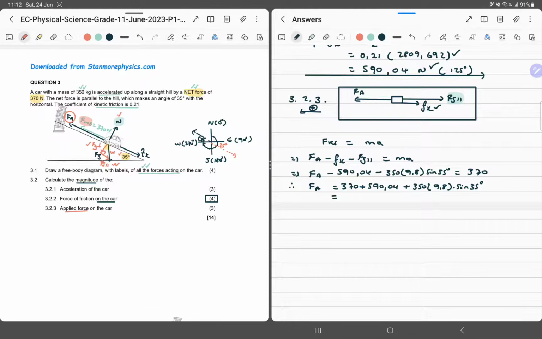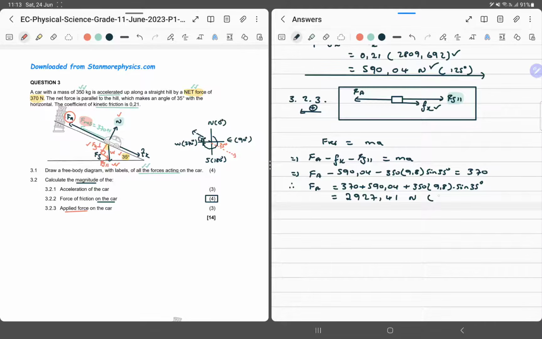So we've got 370 plus 590,04 plus 350 into 9,8 into sine of 35. So I'm getting 2927,41 newtons.